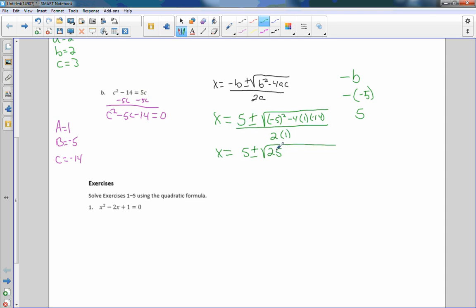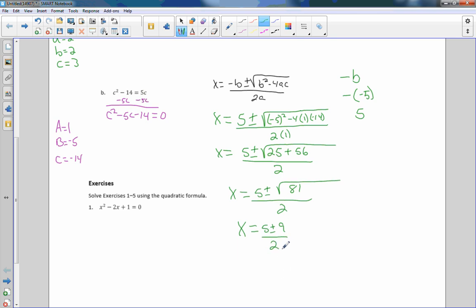This is always positive, remember. Minus, negative times a negative is positive, so it's going to become plus 14 times 4 is 56. All over 2. So x equals 5 plus or minus the square root of 56 and 25 is 81, all over 2. This should have been the first example because this is going to come out very nice. So x equals 5 plus or minus the square root of 81, which is 9, all over 2.